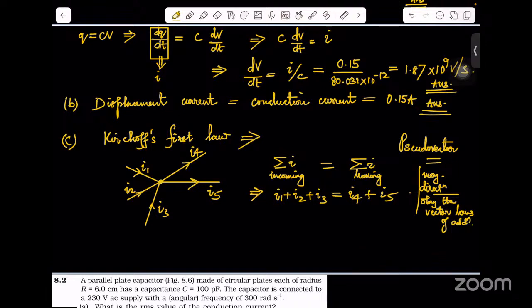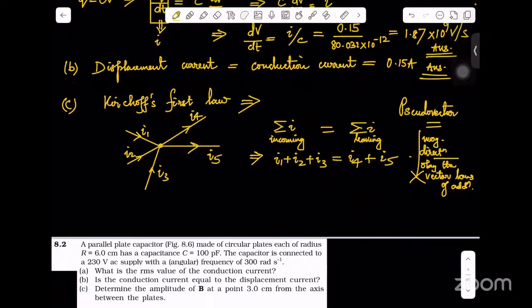Otherwise, if a quantity has only magnitude and direction but doesn't obey the vector laws of addition, it just gets added up like a scalar quantity, like the electric current. It's a pseudo vector. So for a pseudo vector, this point is not there. Back to the topic: we said that the displacement current is equal to the conduction current. If this is one plate of the capacitor, and here came the conduction current.